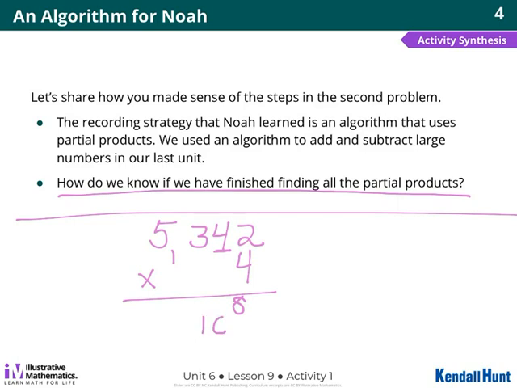So that's his next row. And he lines them up. Then he goes to the hundreds place. And there's a 3. But guys, is that a 3? It's 300. So what is 4 times 300? 1,200.